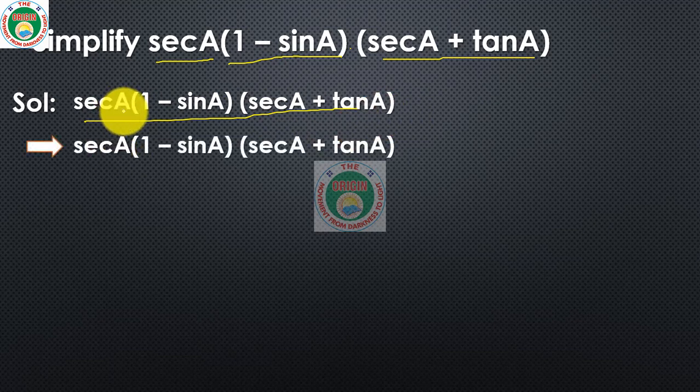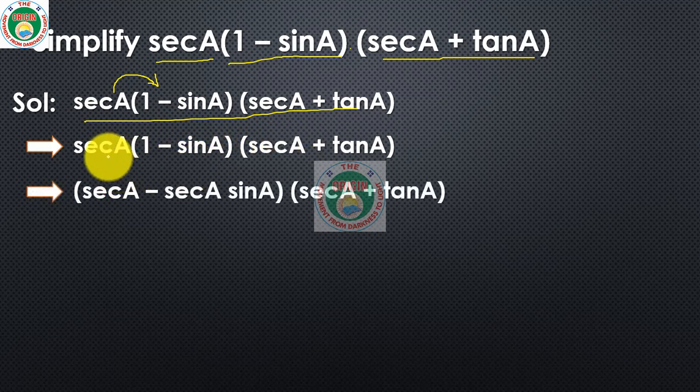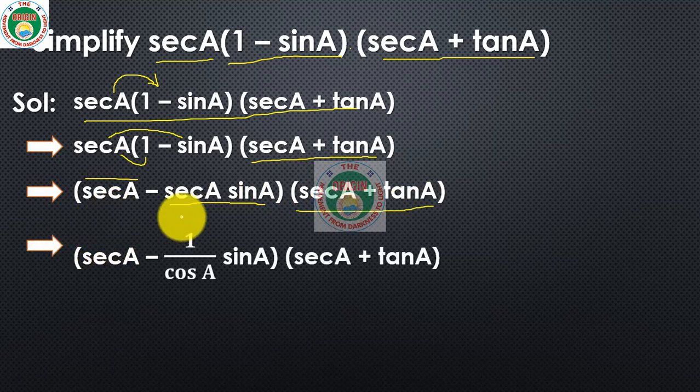I multiply sec A with 1 minus sin A, that is sec A into 1 and sec A into sin A. I take the same problem again and multiply: sec A into 1 is sec A, and sec A into sin A. The next term I write the same. Here sec A is the reciprocal of cos, so I write 1 by cos A into sin A. The rest of the problem is common.